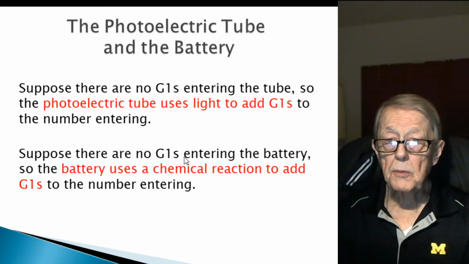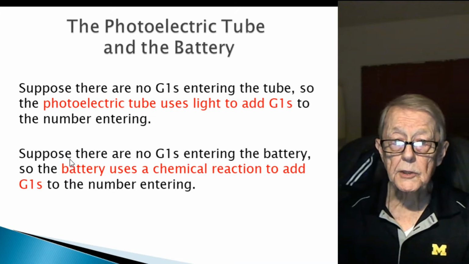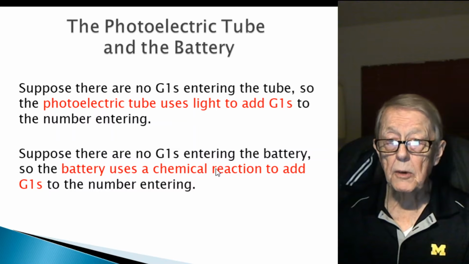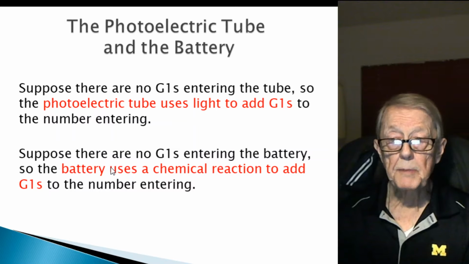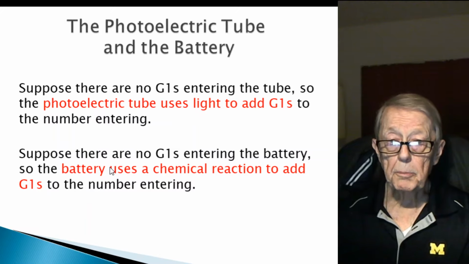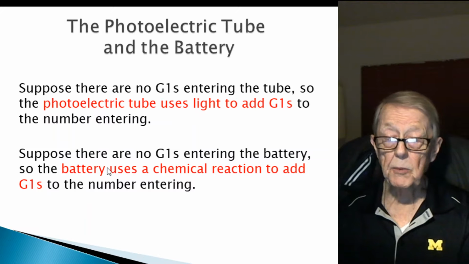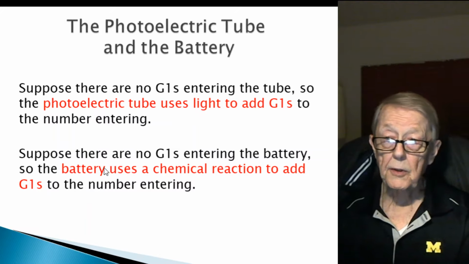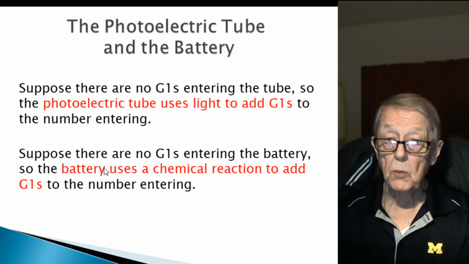Suppose there are no G1s entering the battery. The battery uses a chemical reaction to add G1s. Back when I first applied the particle model to a circuit, I realized that as the G1 particles went through a resistor, they hit and scattered, and hence we lost G1s.